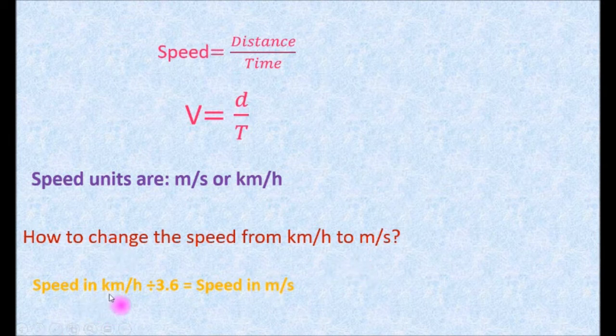So, from kilometer to meter, we multiply the value times 1000, and from hour to second, we multiply the value of hours by 60 times 60. This factor, if we simplify it, will be divided by 3.6. Or another factor, times 5/18.